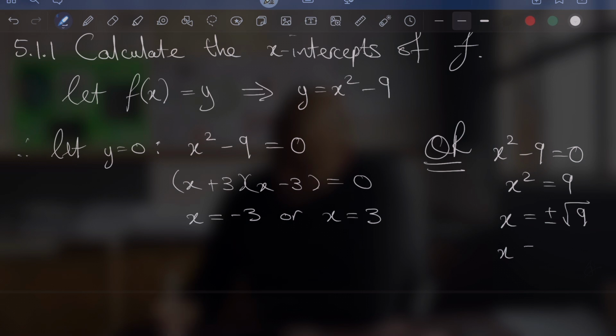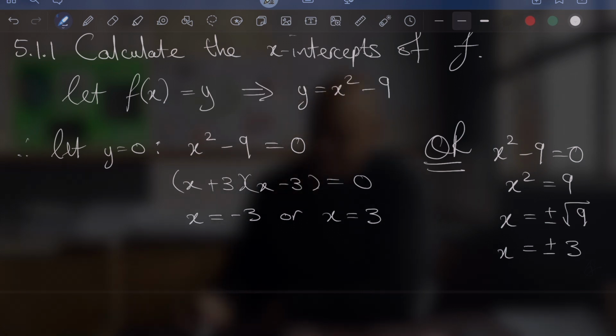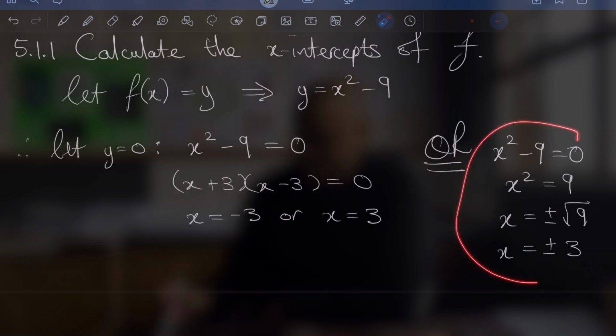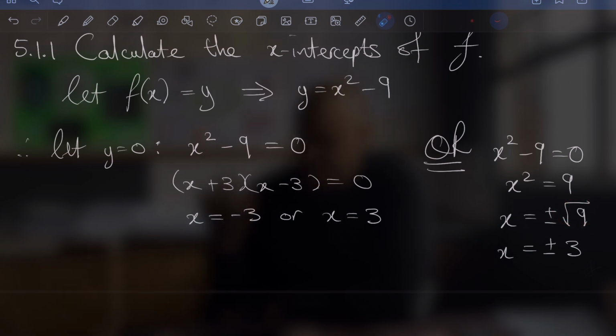So my answer is going to be plus minus 3. The problem I have with this approach is learners often forget that this needs to be plus minus, because you are so used to taking the square root and just considering the positive root in day-to-day calculations, if I can put it that way.